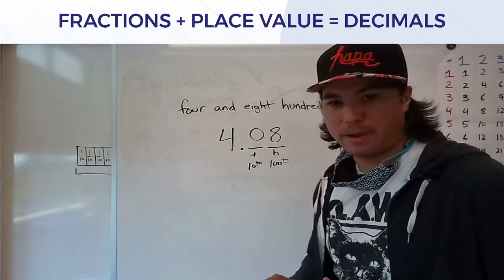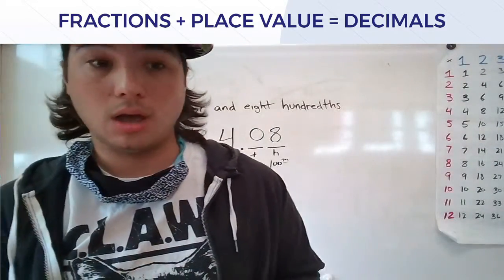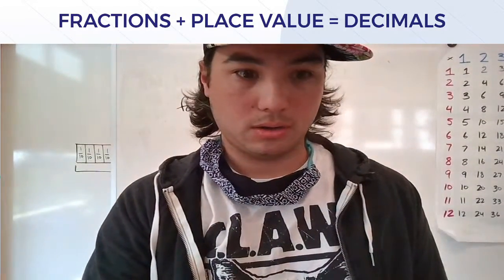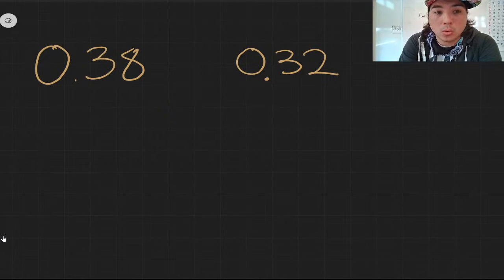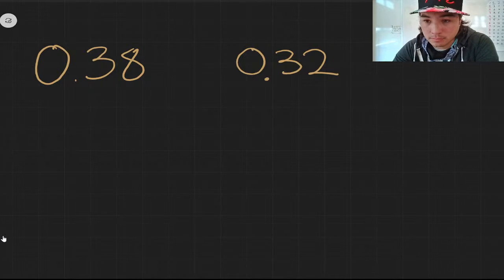Let's get into some comparing on our digital whiteboard. Our first one here, we have 38/100 or 32/100. Which one is greater? Yes, we can treat this just like whole numbers.